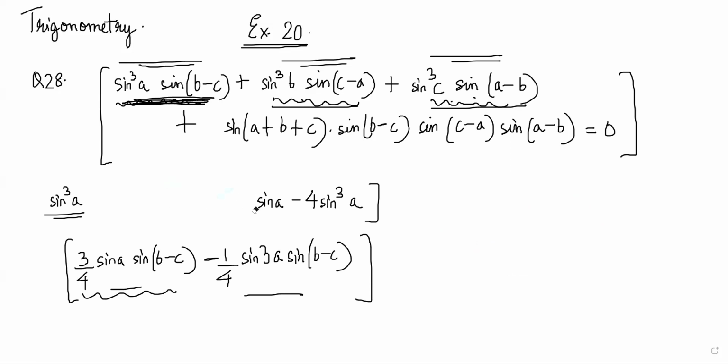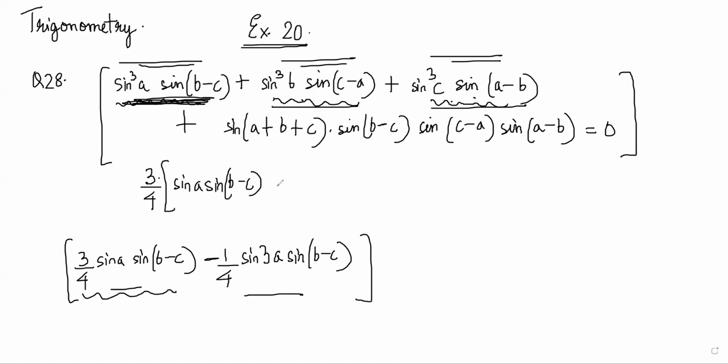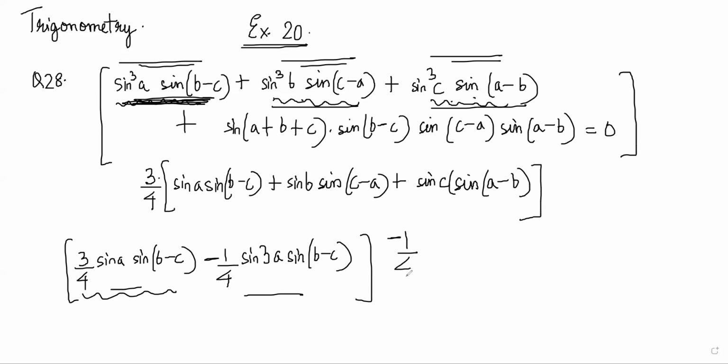So what will we get then? We will get something like this. 3 by 4, you will get sine A sine B minus C plus sine B sine C minus A plus sine C sine A minus B. And then you will get minus 1 by 4, and this will be the second type of terms.